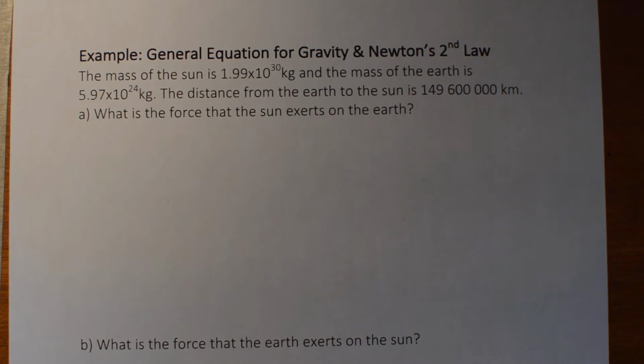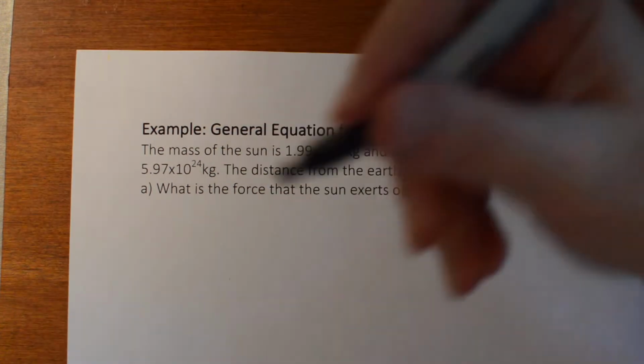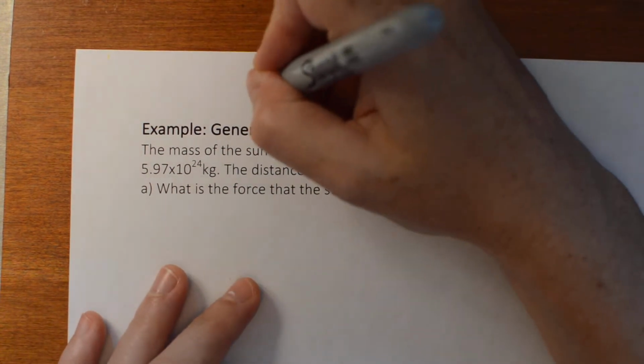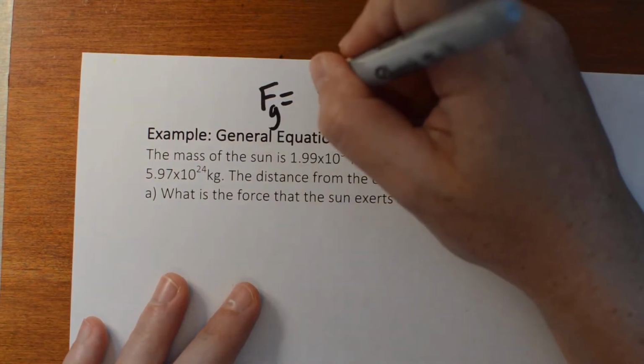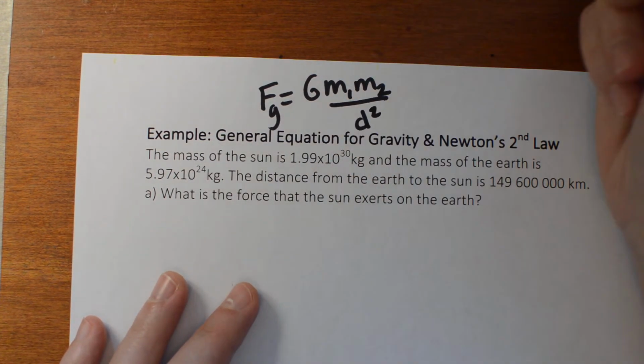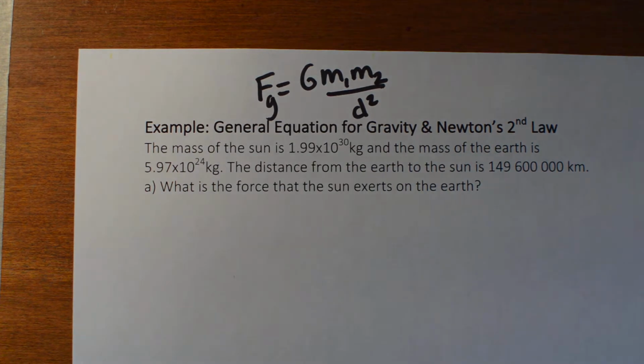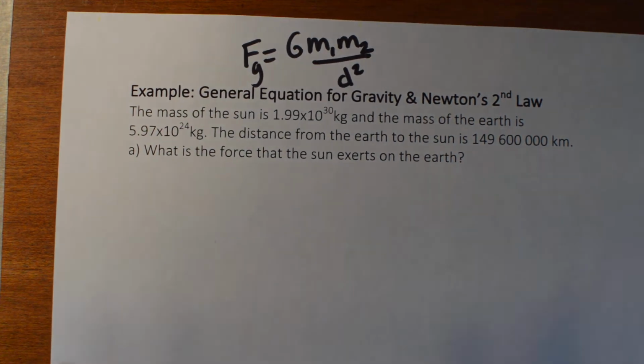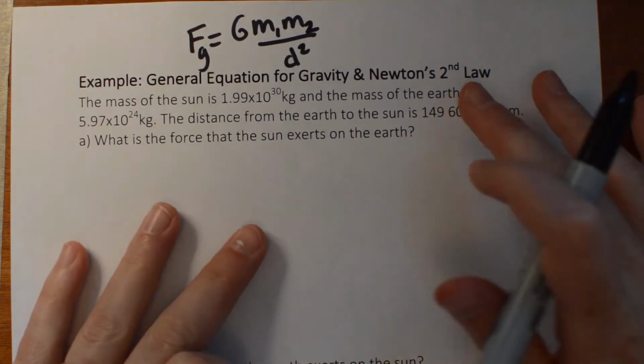Let's do one more example using this Newtonian picture of gravity and using our general equation for gravity that works beyond just the surface of the Earth. Our force of gravity is big G m1 m2 over d squared. We'll do it in the situation of the sun and the Earth pulling on each other. So I'll do a little picture here.